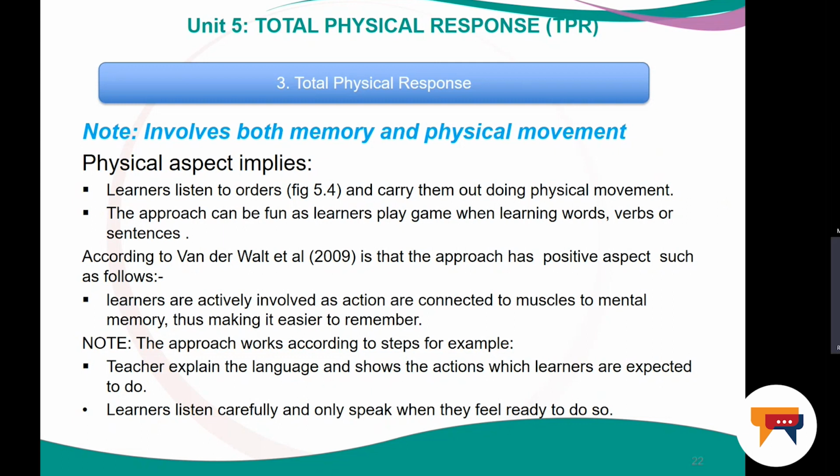According to Van der Walt et al. 2009, the approach has positive aspects such as learners being actively involved as actions are connected to muscles and memory, and the approach works according to steps. For example, the teacher explains the language and shows the actions which learners are expected to do. Learners listen carefully and only speak when they feel ready to do so.